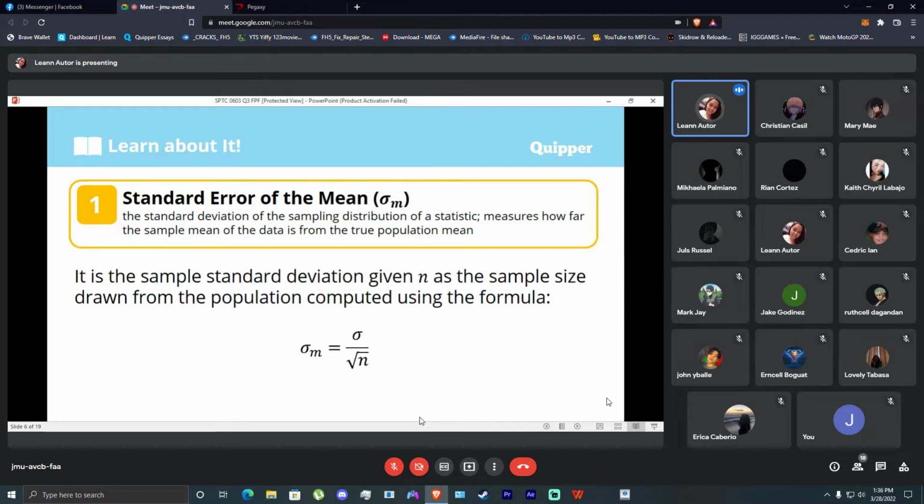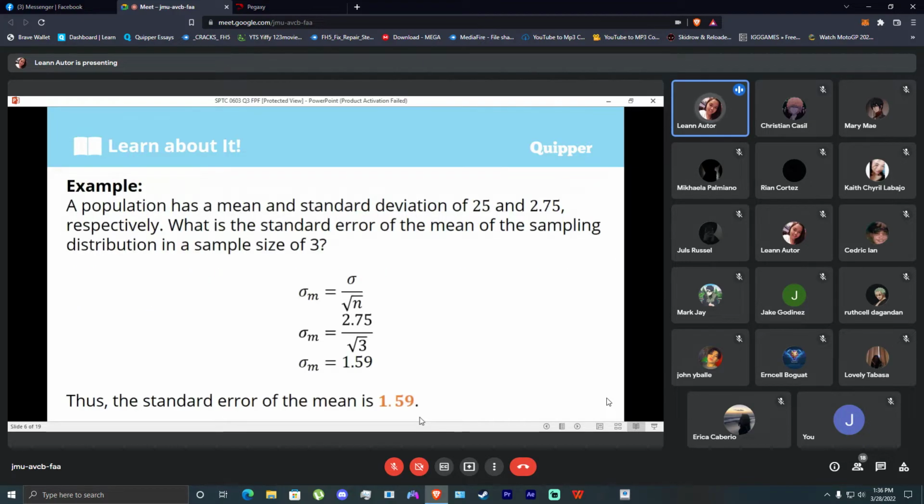So let's have this. A population has a mean and standard deviation of 25 and 2.5, respectively. What is the standard error of the mean of a sampling distribution with a sample size of 3? Since the standard deviation and the sample size are already given in the problem, we can use this formula.